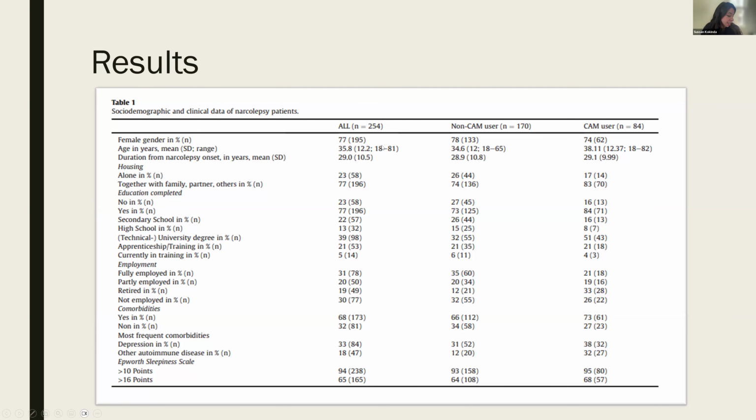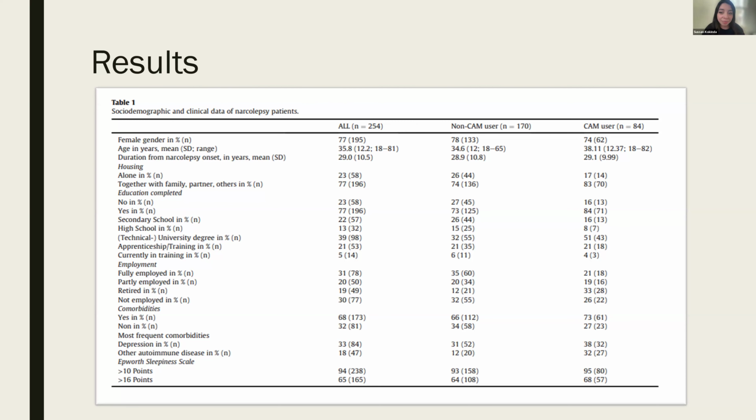When I looked at whether narcolepsy was predominant in male versus female, what I found was that for the most part it is present in both male and female, with a slight preponderance toward male. I just thought it was very interesting that the majority of the participants in the study were female.